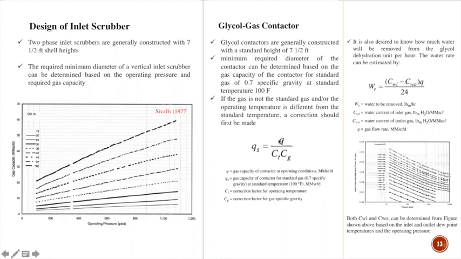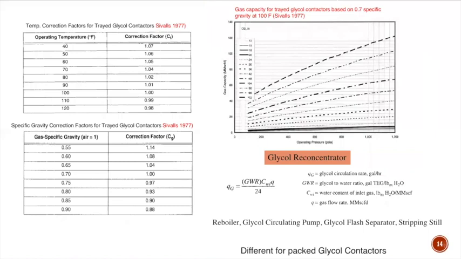So this CT and CG are again dependent on the temperature and gas gravity, and again some charts have been suggested. You can see this table on the left hand side where the operating temperature correction is shown. So if your operating temperature is 40 degrees, then you have to multiply the correction factor 1.07 with QS, and therefore you can get the value of the flow rate, gas capacity.